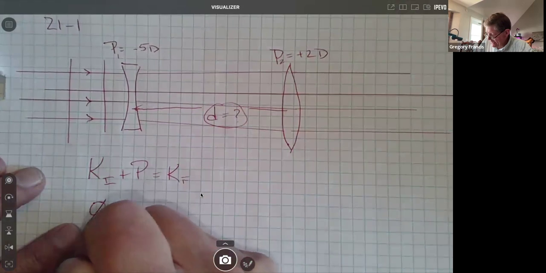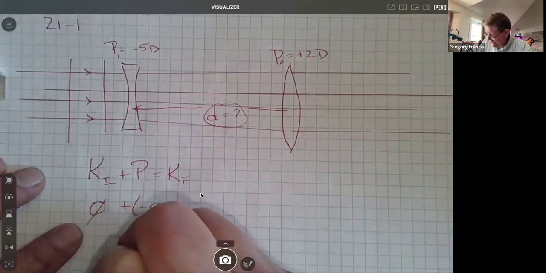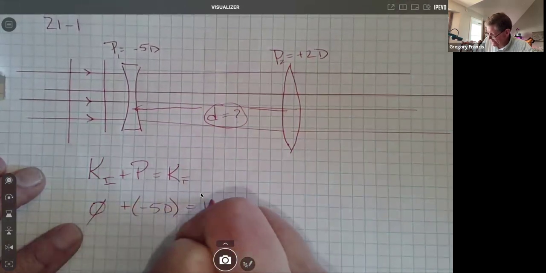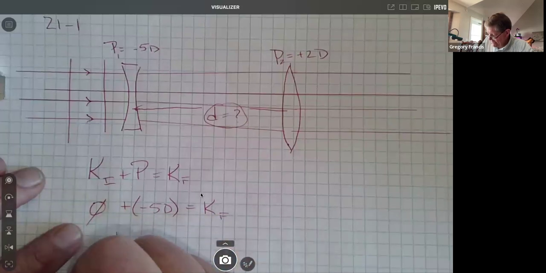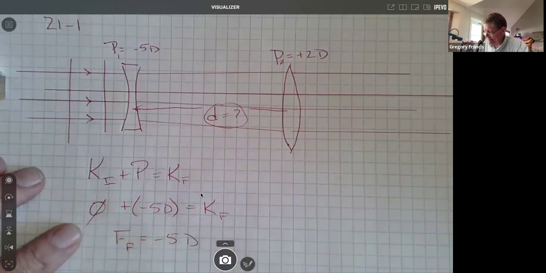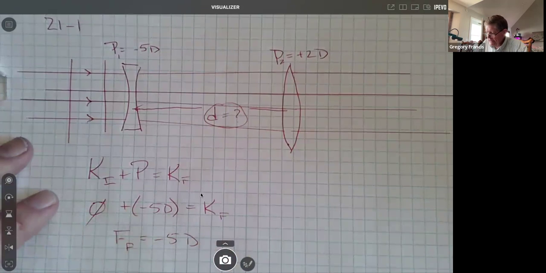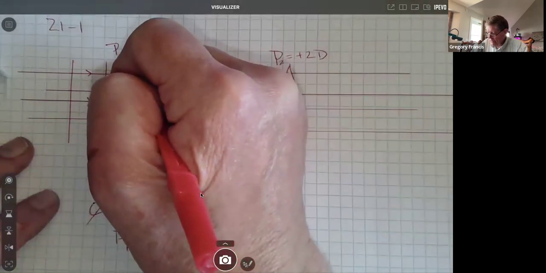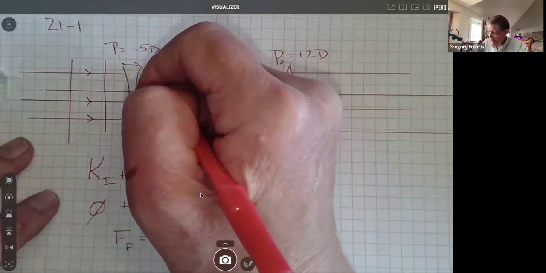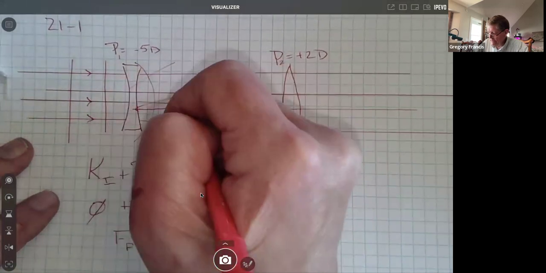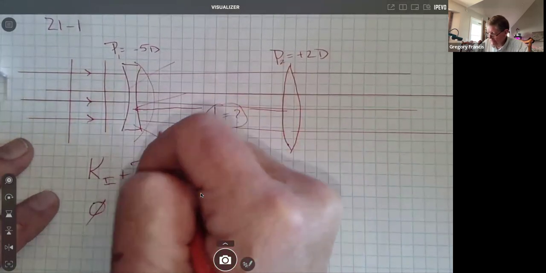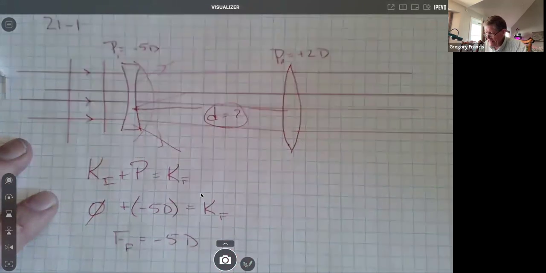And then I add a -5 diopters, and that's going to give me K final. So I've got K final is equal to -5 diopters. Now, what does that look like? Well, that looks like curvature that is spreading out, rays spreading from each other. Okay.